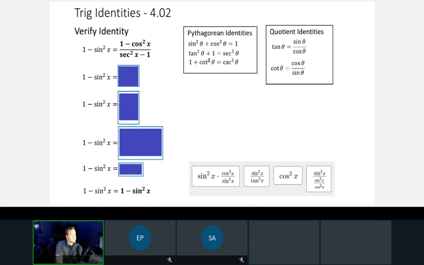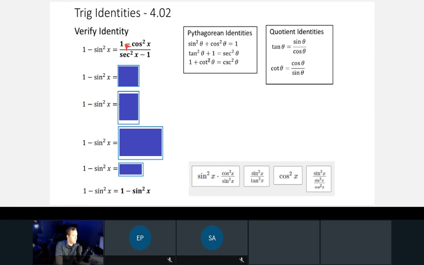All right, trig identities. So you are given a series of steps, and we need to verify that this equals this. If you notice, one side of the equal sign does not change. That's okay.